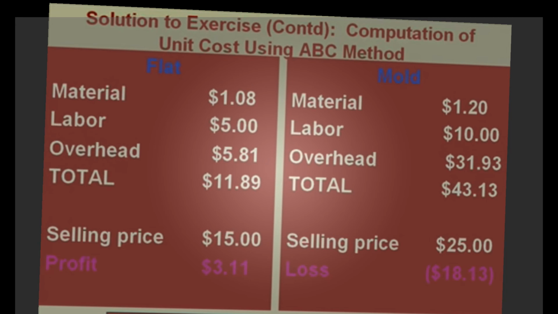Okay, the most important part here is figuring out the overhead per unit, because the other two were given to you, right? Overhead per unit, flat $5.81. Overhead per unit, mold $31.93. This is important, so let me repeat one more time. How did we get it?